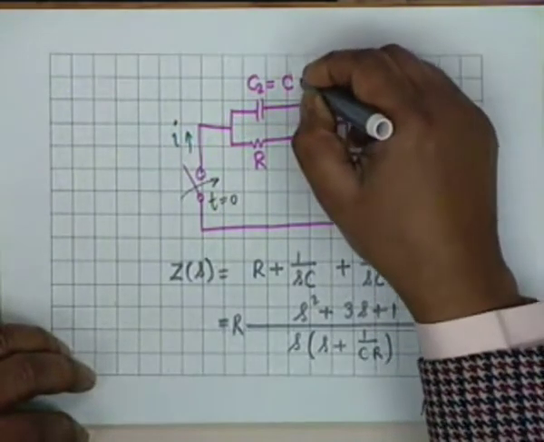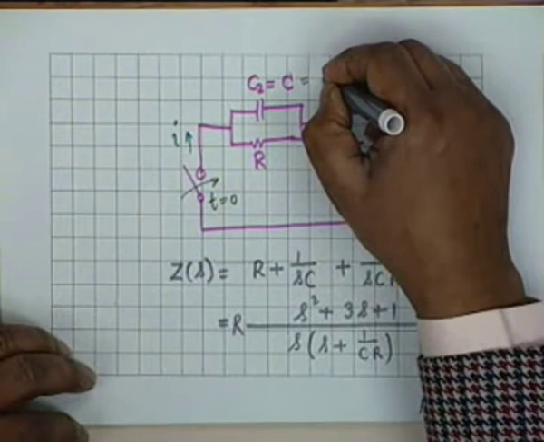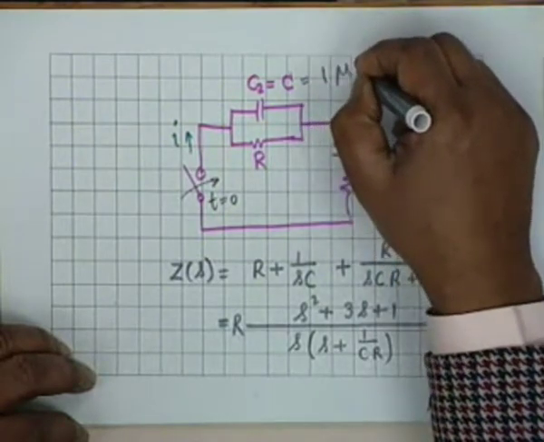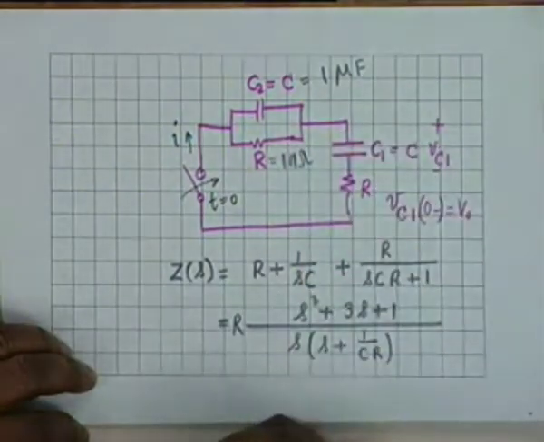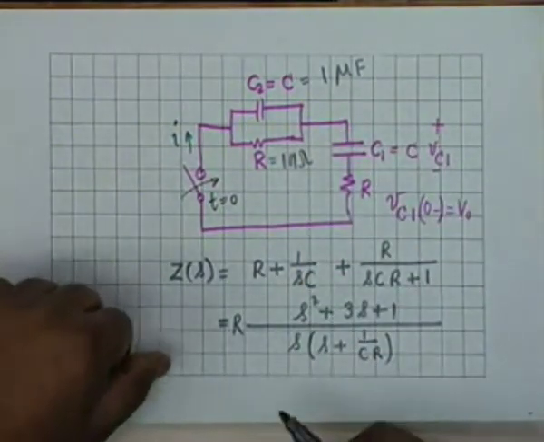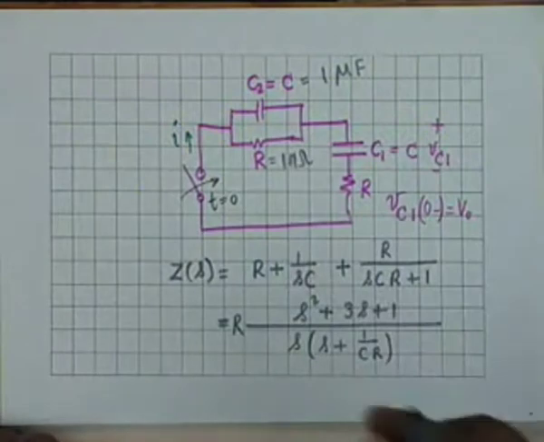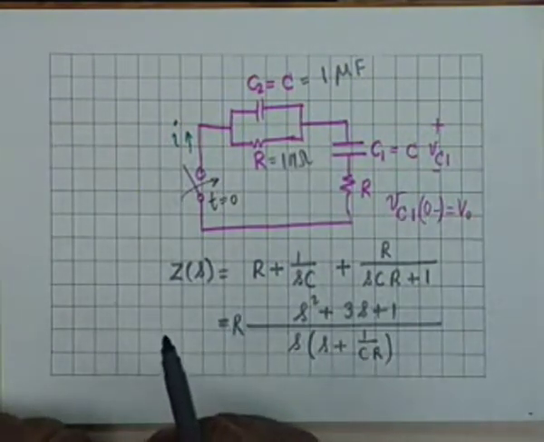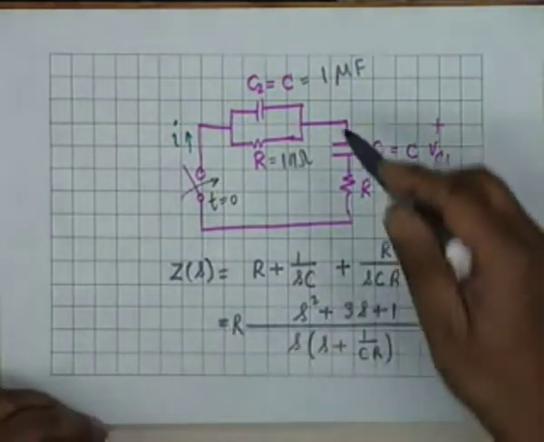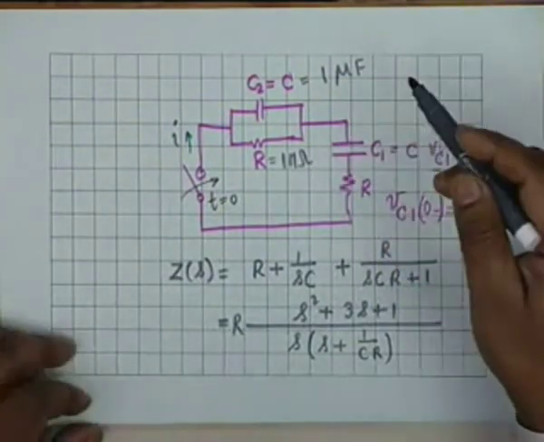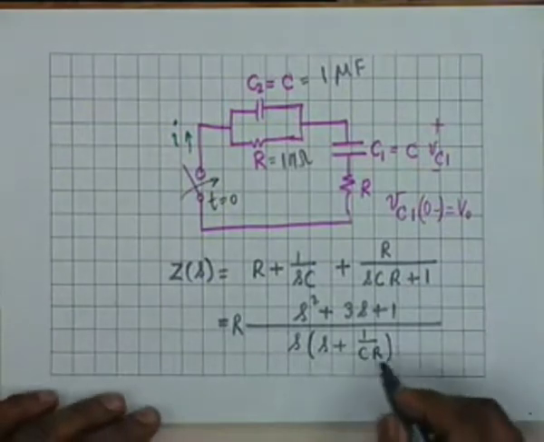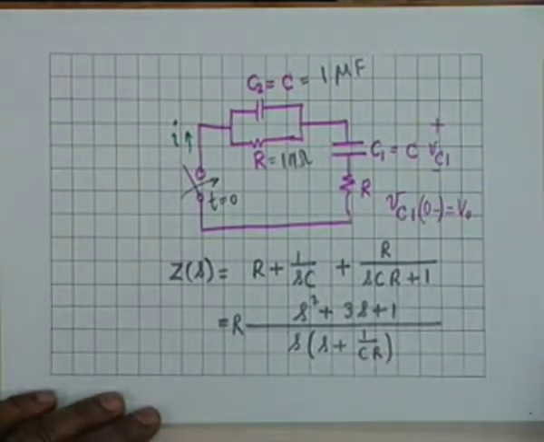I have assumed that C is 1 microfarad and R is 1 meg. So the product RC is equal to 1. 1 microfarad and 1 meg give 1 second. CR is 1 second. Then this should be equal to 1.